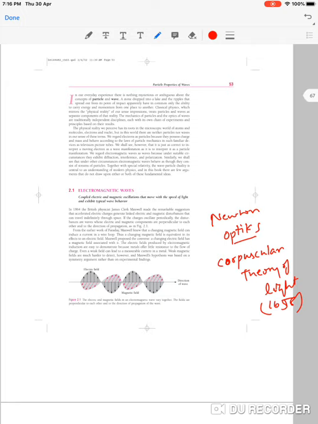In the dispersion effect we can see that white light falling on a prism gets dispersed by the prism medium, and there are 7 color compositions. In corpuscular theory he explained these phenomena: dispersion, reflection and refraction.